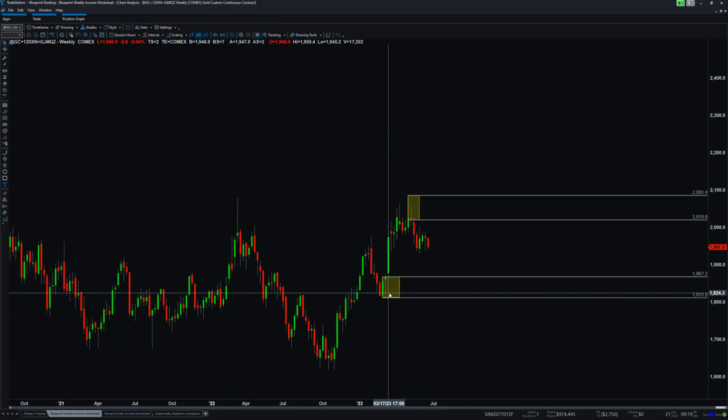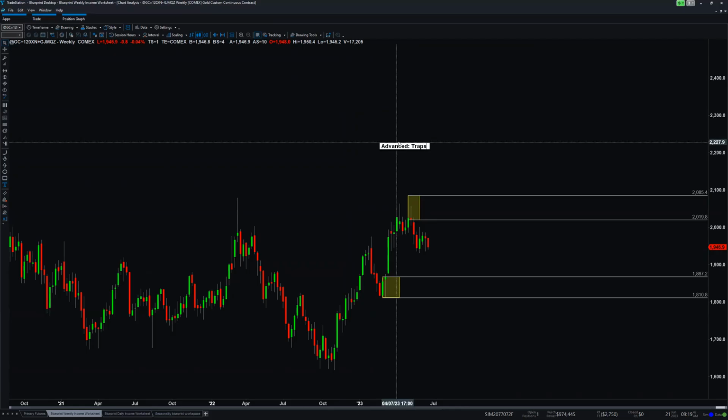Something that I always pay attention to, and that may be an advanced setting, something that I'll write down, an advanced way of looking at price charts is always looking at traps.